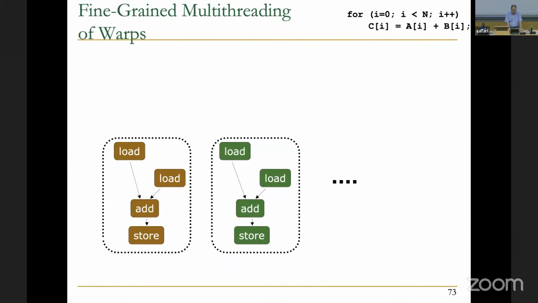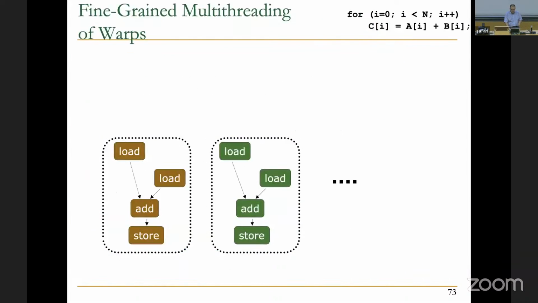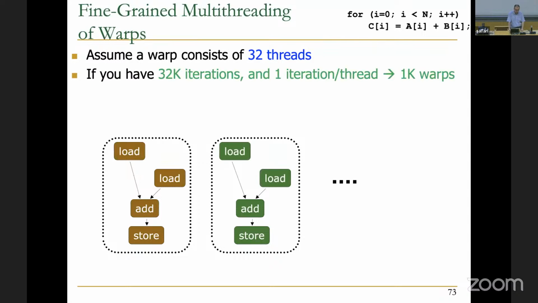Essentially, what we have in SIMT is that you have several warps, and you have fine-grained multi-threading of warps. So you are switching between warps in a fine-grained manner. Assume a warp consists of 32 threads, which is not a bad assumption. Actually, most of nowadays NVIDIA GPUs are using 32 threads.